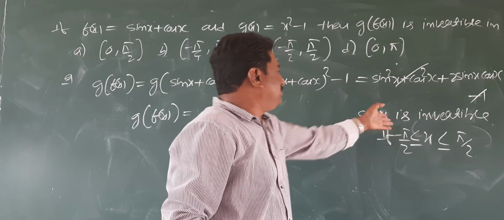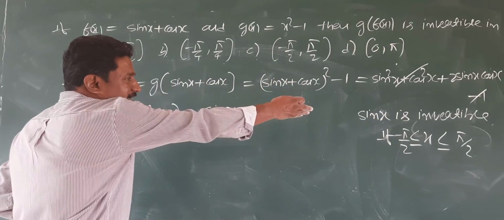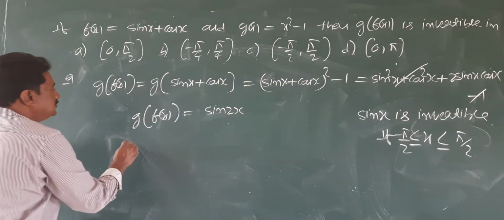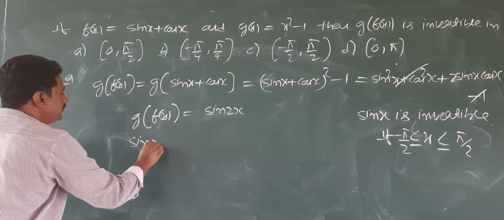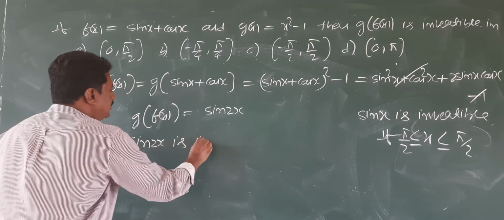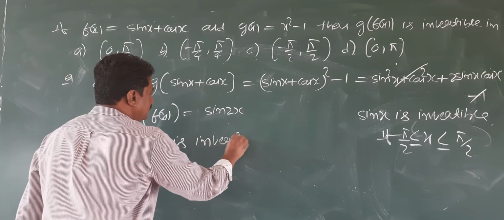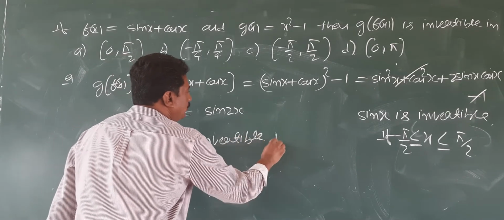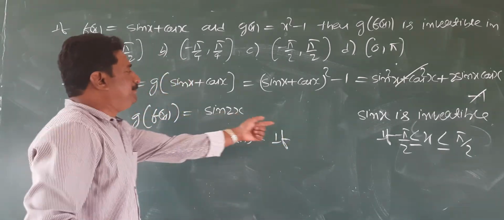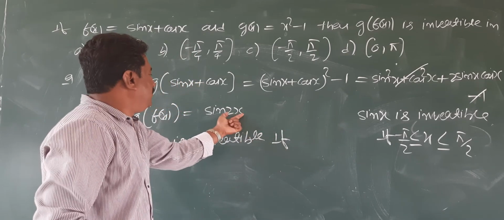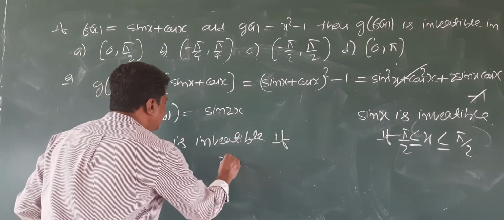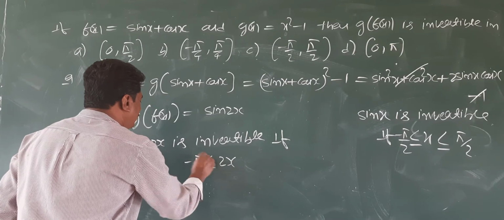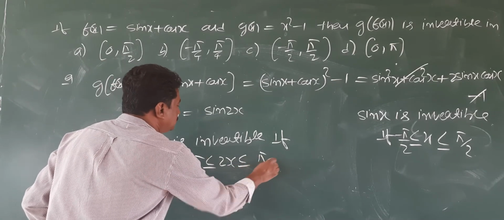Apply the same thing here: sin 2x is invertible if 2x lies between minus pi by 2 and plus pi by 2.